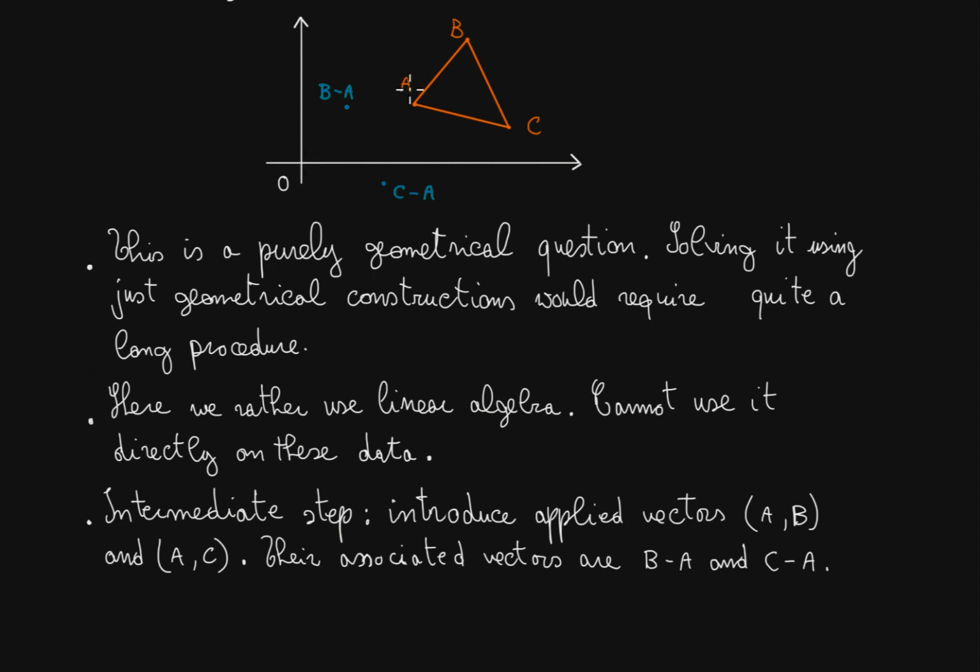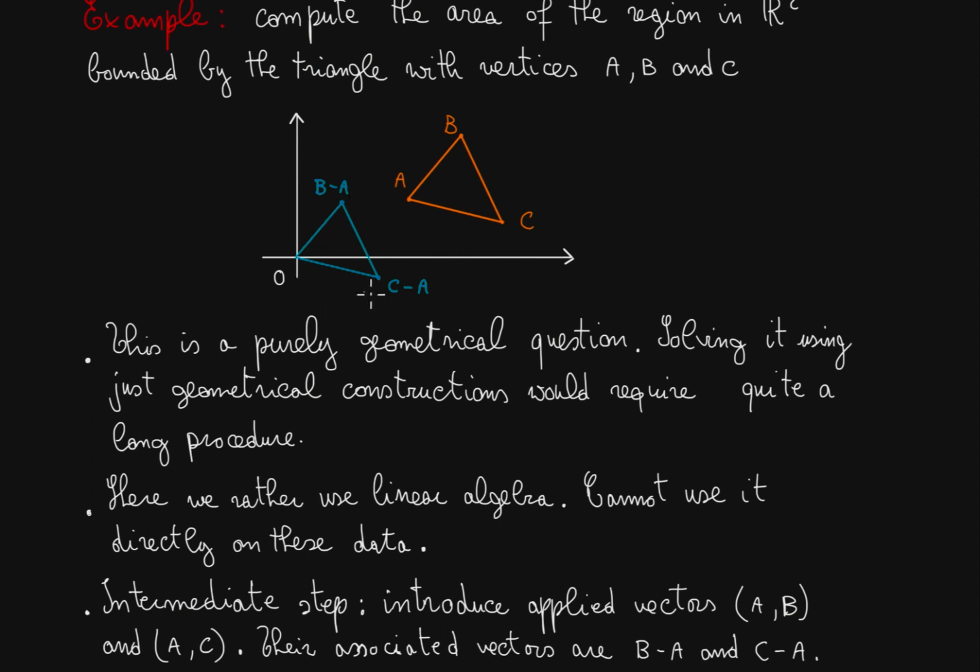If we look at A as an applied vector on itself, then A is the pair A comma A, and the associated vector to A is going to be the origin. So this triangle can be reconstructed by real vectors as a triangle formed by the origin, B minus A and C minus A. But this time all 3 points here are real vectors, they are not applied vectors anymore.